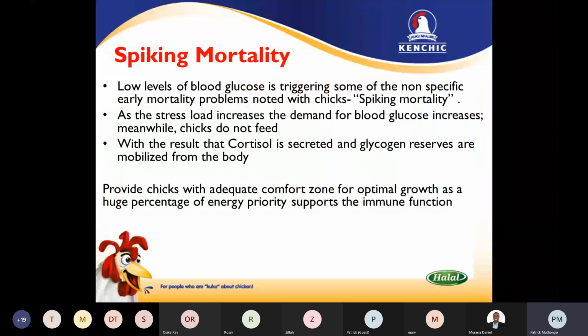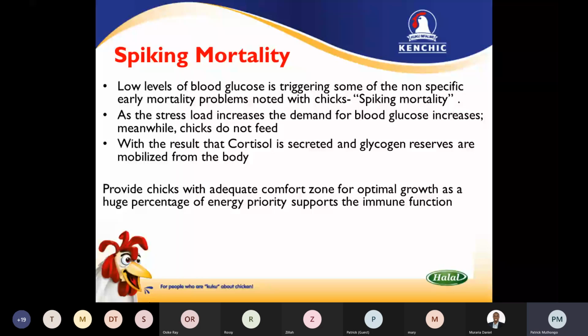So when you have chick mortality, sometimes it is spiking. So how do you control spiking mortality in chicks? Maybe you are collecting a chick, 2 chicks, then all of a sudden you realize you have 10 or 15.